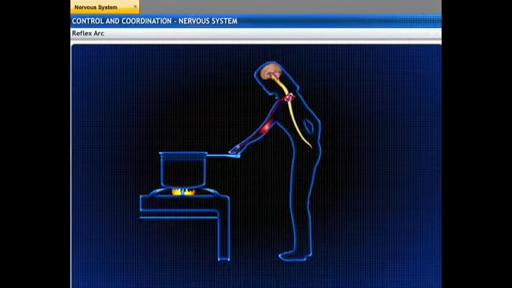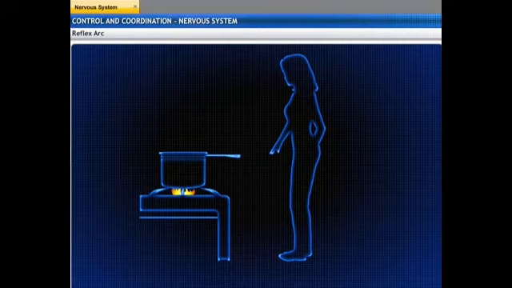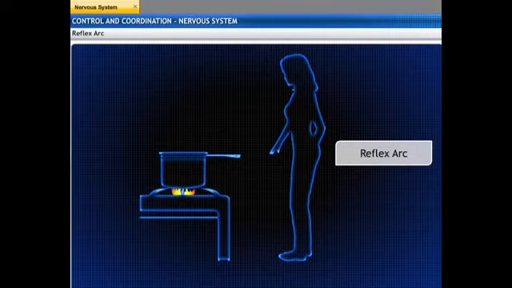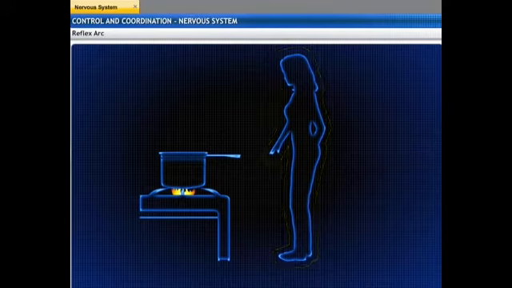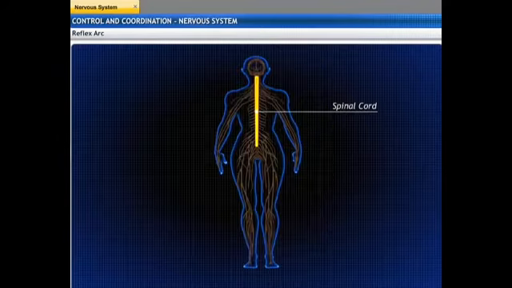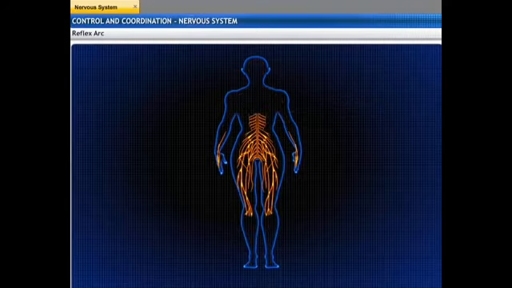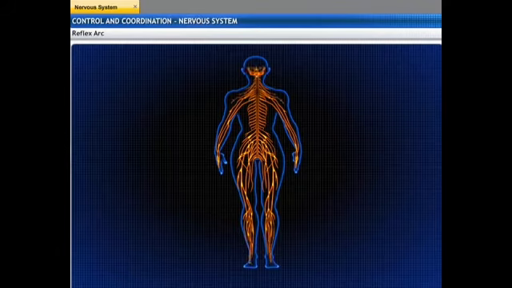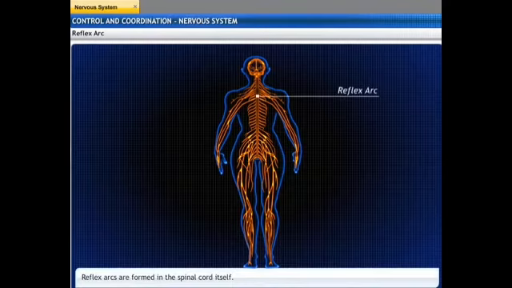Now let us observe how it ultimately takes place. If you observe very carefully the structure of it, the entire structure right from the touching to the withdrawing is said to be the reflex arc, and our entire body is basically protected by this function. The spinal cord plays a huge role in it, and then later on the brain comes to know that yes, such functions are being performed by the body.